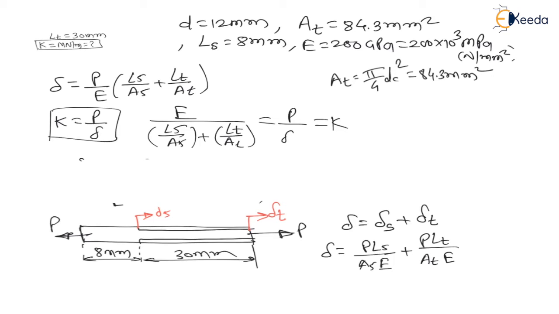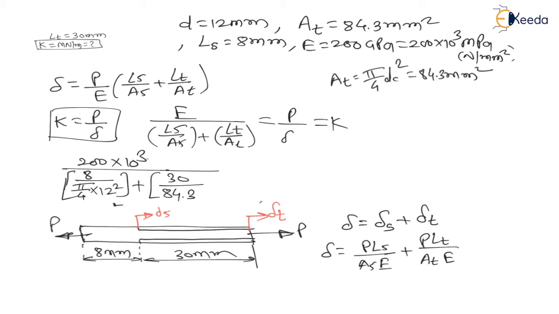Young's modulus is 200 into 10 to the power 3 MPa, divided by length of shank 8 divided by area of shank, pi by 4 D square, which is 12 square, that we have already calculated, plus length of threaded portion 30 mm divided by area of threaded portion 84.3, is equal to stiffness.